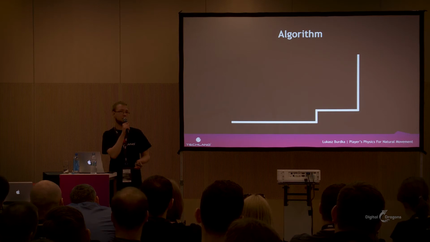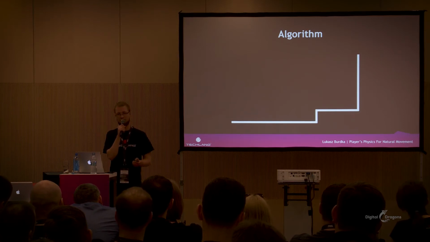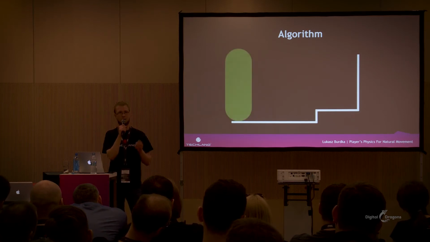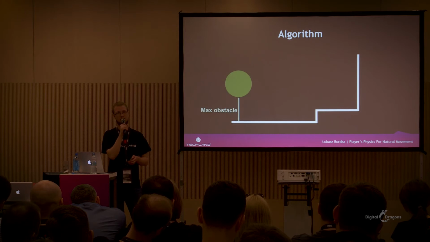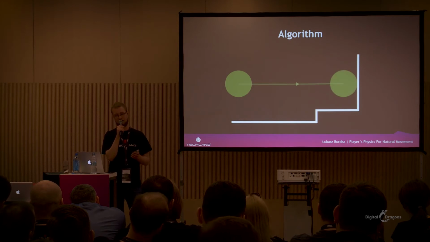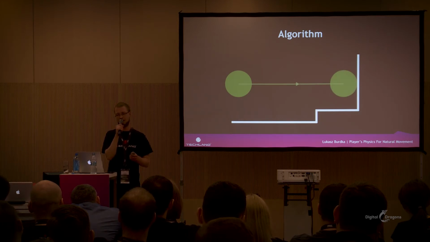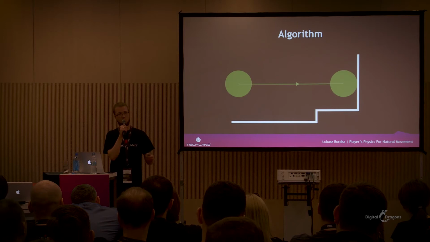And the algorithm of movement worked like that. We have some position where the player stands, and we want to move to a target position. So we need to know the maximum obstacle height that we can step on. We cast the sphere vertically above the maximum obstacle height and check where we can move in that direction.